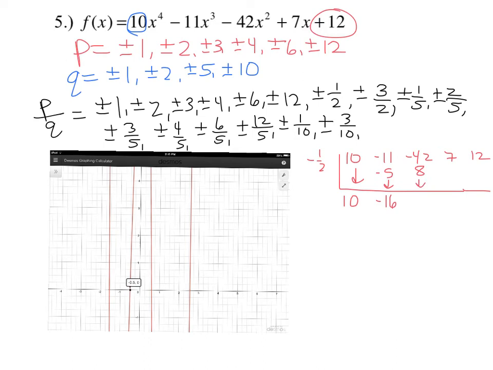Adding -42 and 8, we get -34. Again, a negative times a negative is a positive, and half of 34 is 17. So if we add these two together, we get 24. Half of 24 is 12, so this will be -12, and woohoo, there it is. There's the zero that we predicted.